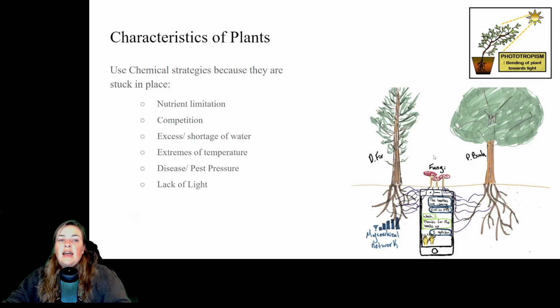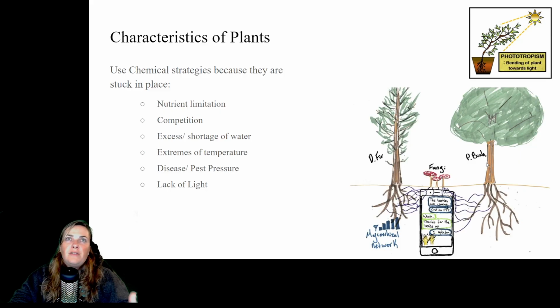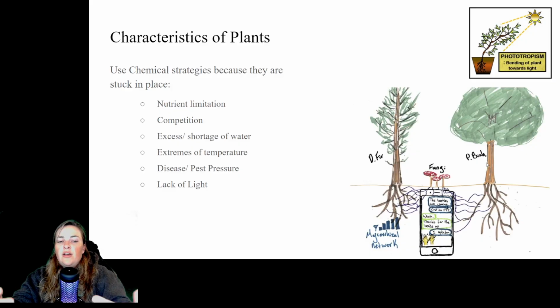And then as far as nutrient limitation and competition, say we have two different species of plants, in this case two trees. We have a Douglas fir, and then this looks like a birch tree. There's actually a network of mycorrhizae, a fungus that grows in the soil, and it's a beneficial and collaborative species that hooks onto the roots of these plants, and it's a network that communicates.